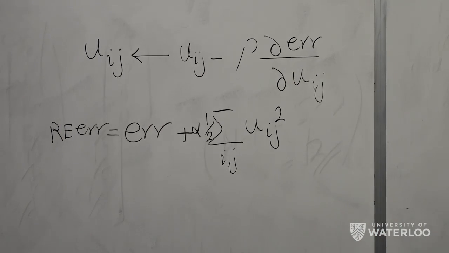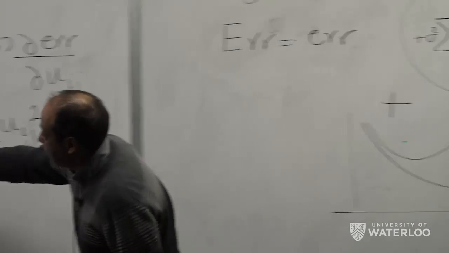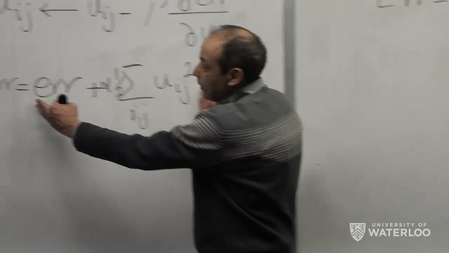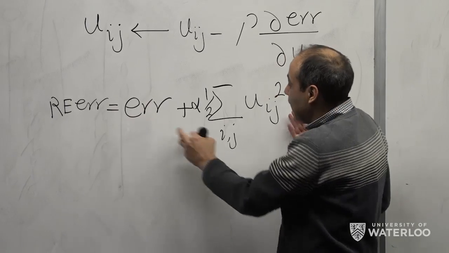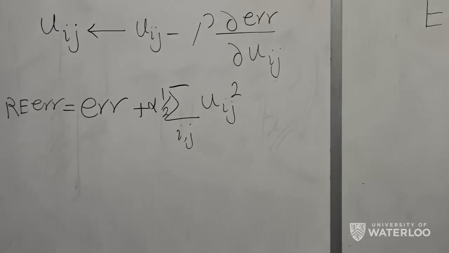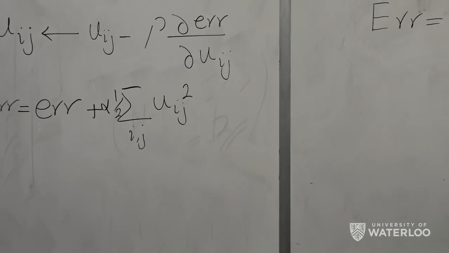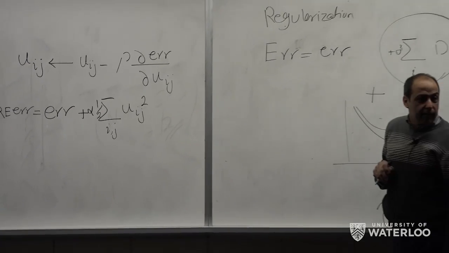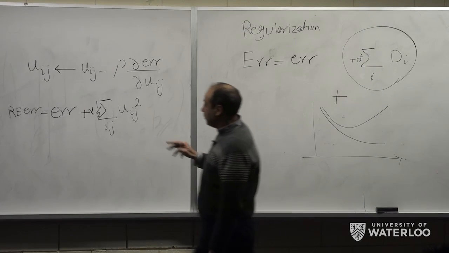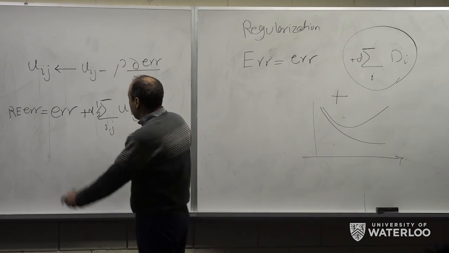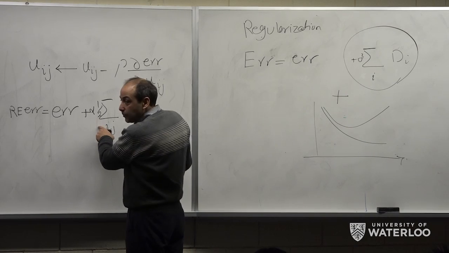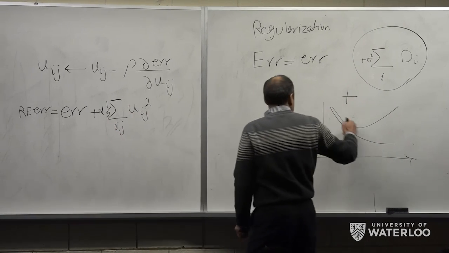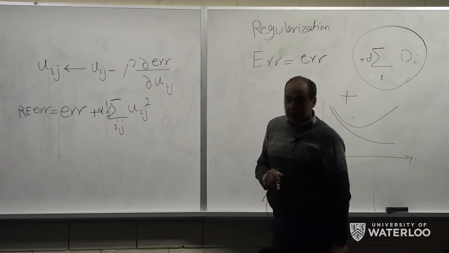Now, instead of minimizing the empirical function, which always goes down, I'm going to minimize this regularized error function. See, the last term has an effect like this one. With complexity, it goes up. So I don't minimize this, I will minimize this. At some point, this becomes dominant, and the curve starts to go up.